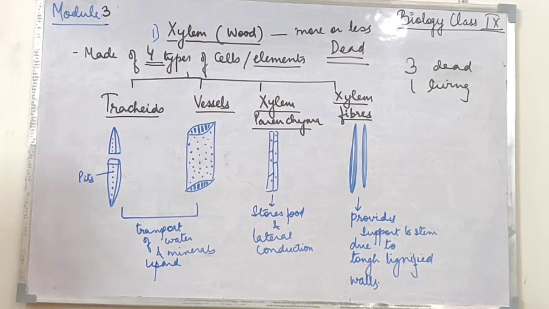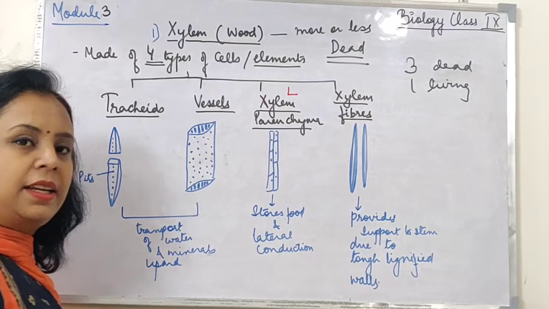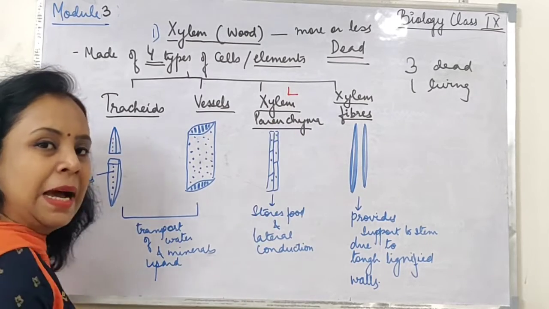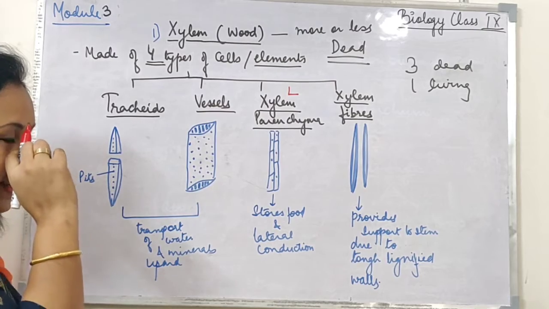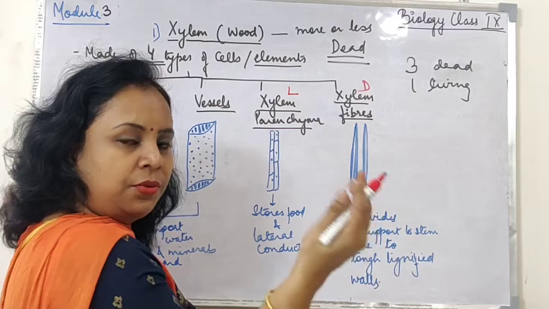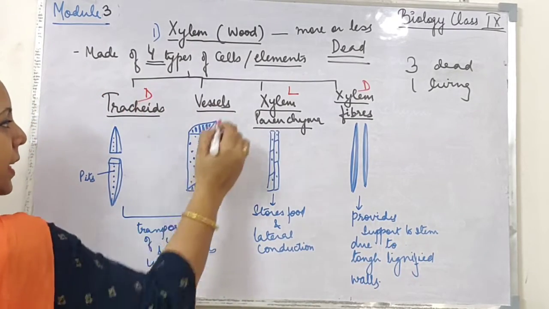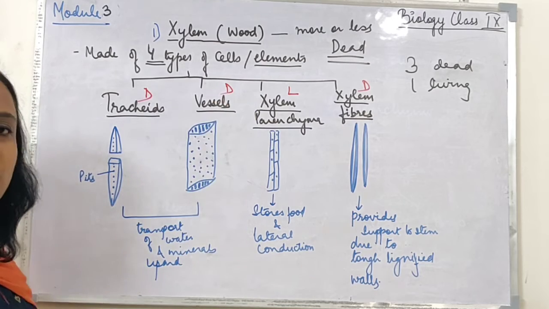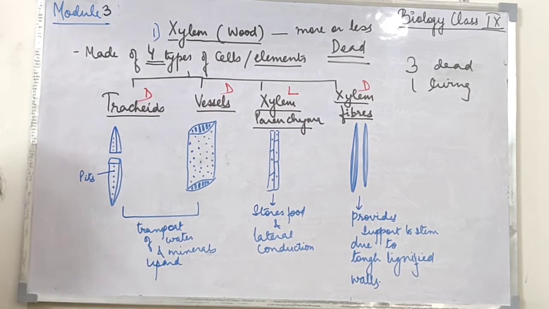Now the name only indicates that only xylem parenchyma will be living, because of this term parenchyma; you have studied in simple permanent that parenchyma is living. Of course fibers means that it is made up of sclerenchyma only. Again, tracheids and vessels are also dead elements. Now let us talk about each of them one by one.